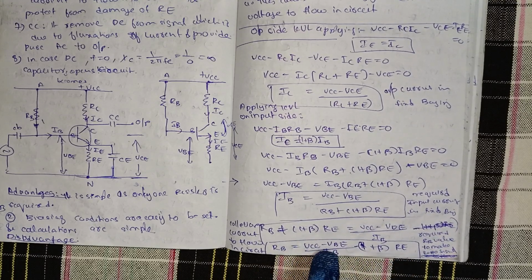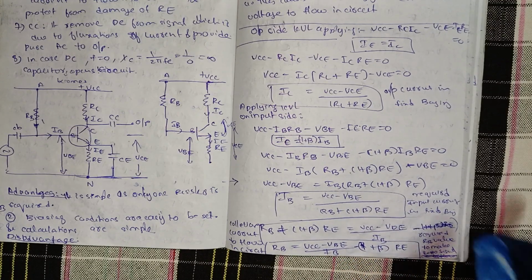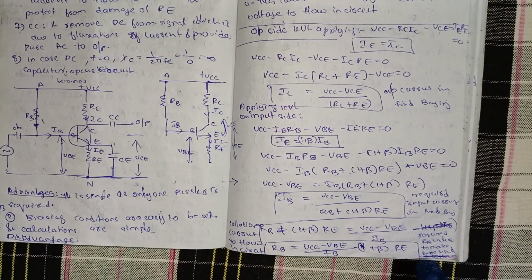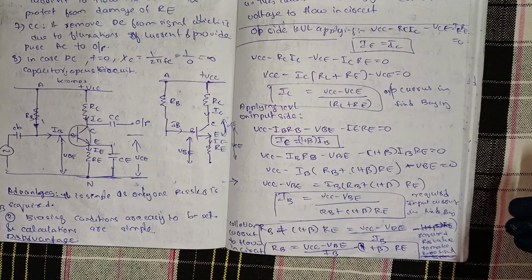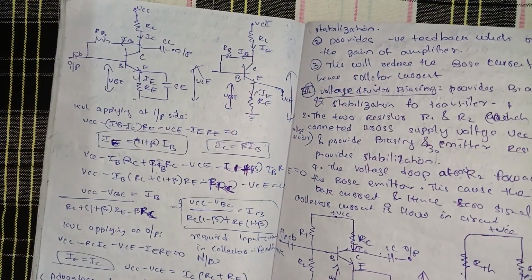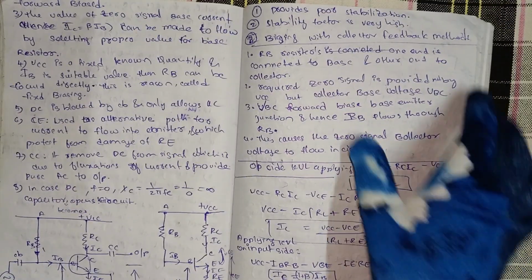Then RB is equal to VCC minus VBE by IB minus 1 plus beta RE. This is the required RB value to make the zero signal flow in the circuit. Then we will see the next biasing.